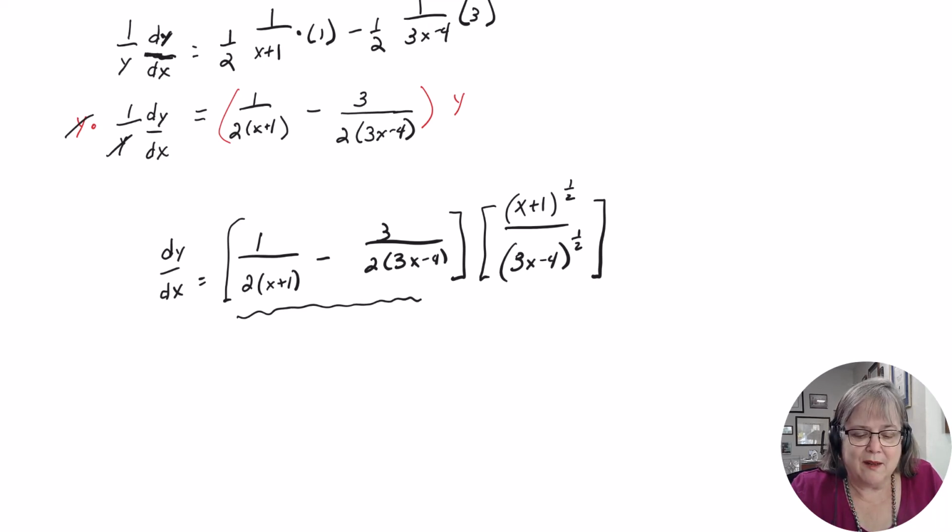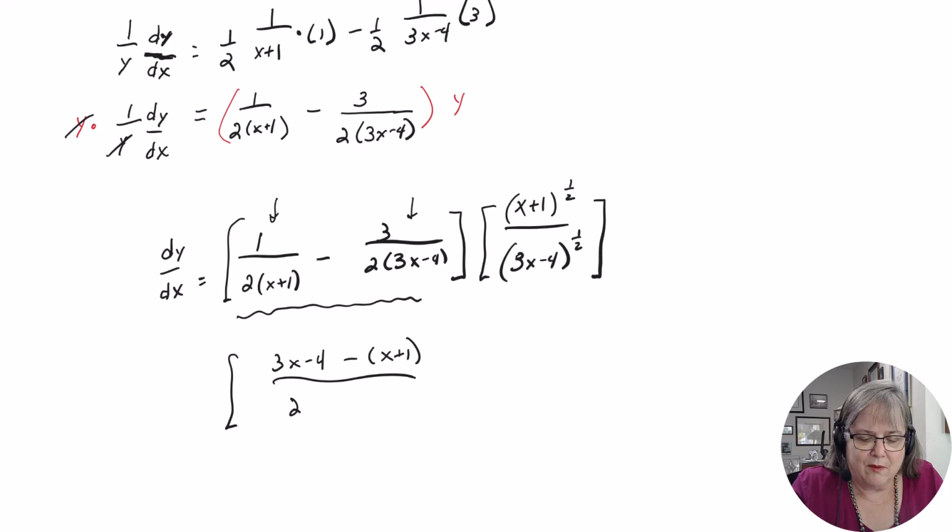The rest of them need an x plus 1, 3x minus 4. So you would multiply this first fraction by 3x minus 4 over 3x minus 4. And you would multiply this second fraction by x plus 1 over x plus 1. And that would give you your common denominator.